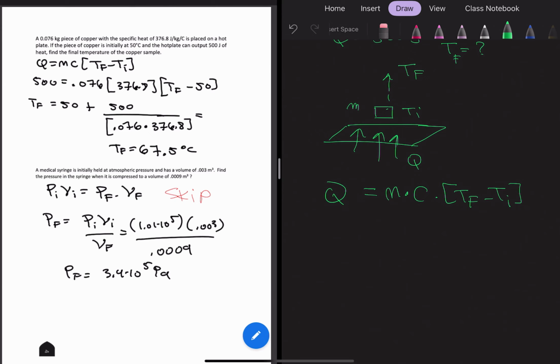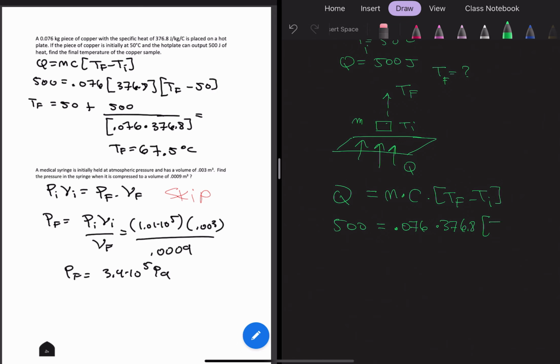So here we can plug in. The heat output is 500 joules. The mass of the copper is 0.067. The specific heat of copper is 376.8. The final temperature of copper is what we want, and the initial temperature of the copper is 50.